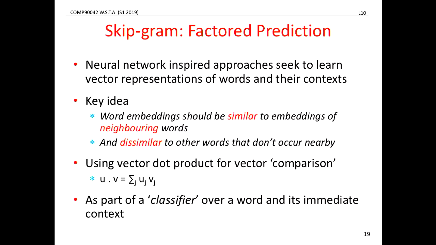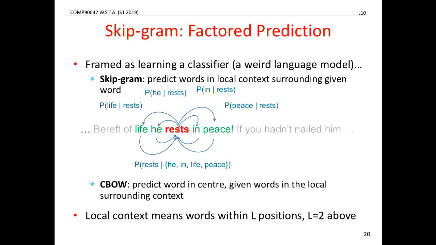The way we describe similar versus dissimilar is: is the dot product large or is the dot product small? That's the training signal used to parameterize a classifier to learn this. We're giving it a very large collection of text and asking it to learn the vector representations of a word, both if it's a center word and if it's a context word. I'll go through in a sec what that means.